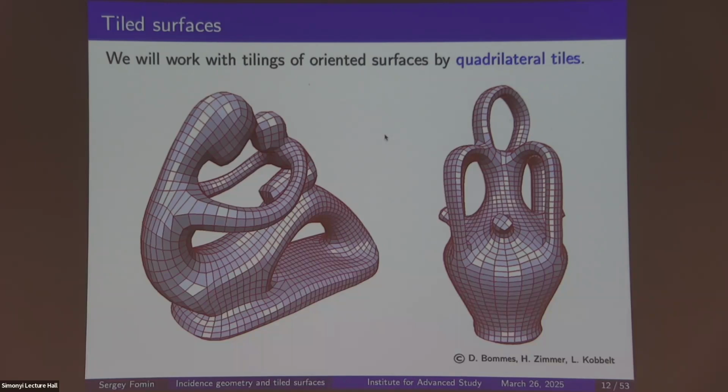By tiling, I mean no funny business: this should be a CW complex, you can't have a vertex in the middle of a neighboring tile and things like that. So everything is kosher. I'm sure you can write down a formal definition of what a tiling is.